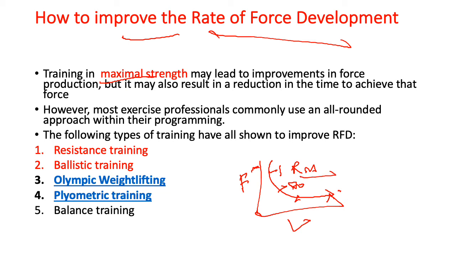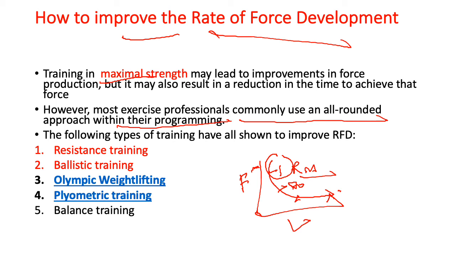Whenever you work in maximum strength, this will lead to improved force production, but it may also result in a reduction in time. So if you are continuously working in this area, you will definitely develop rate of force development. However, most professionals commonly use an all-rounded approach within their programming.